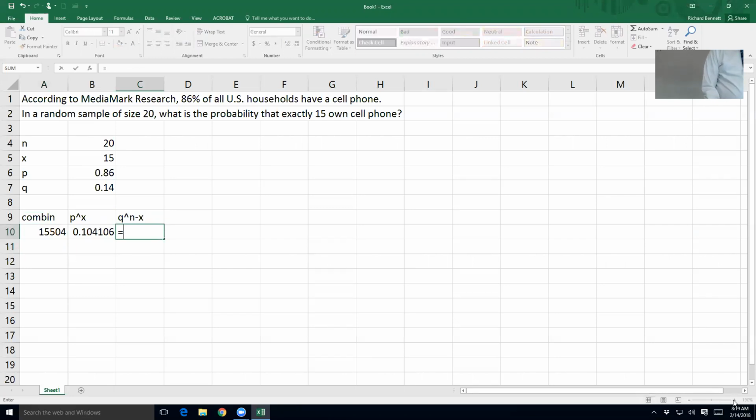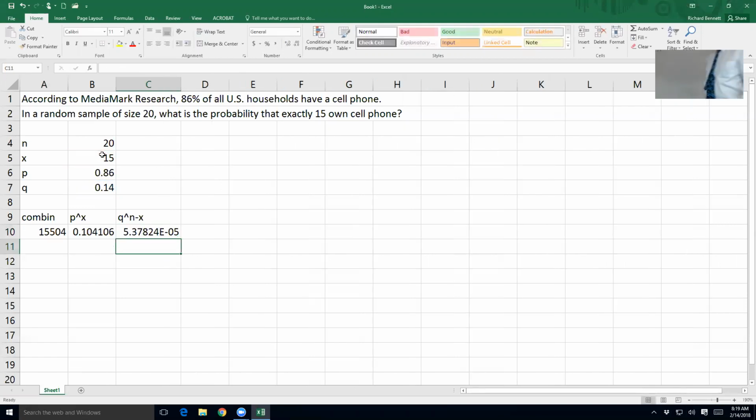What's q again? Q is 0.14 raised to the, and I'm going to use parentheses here, n is 20 minus x is 15. I could have put a 5 there if I wanted to.